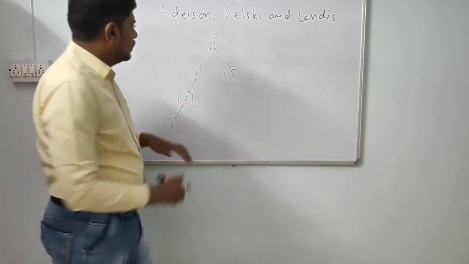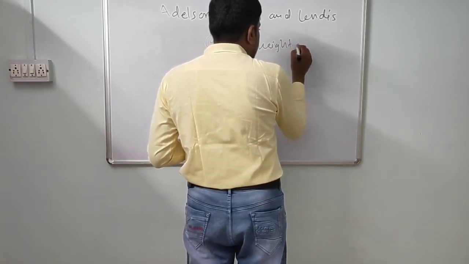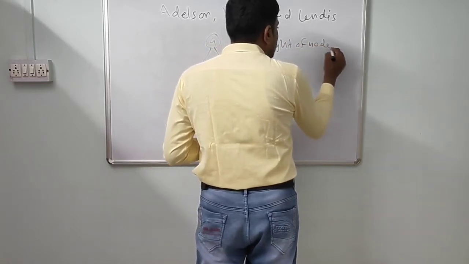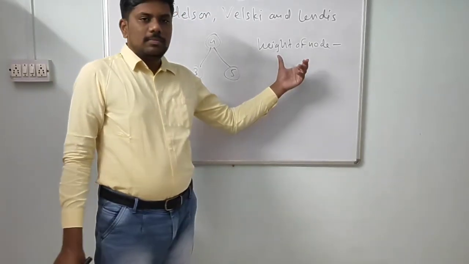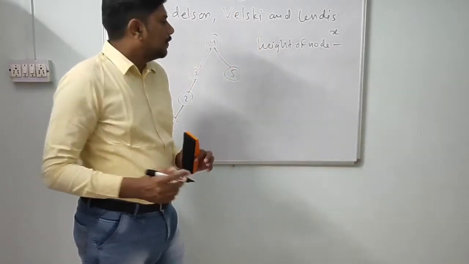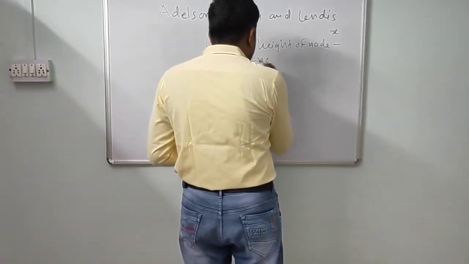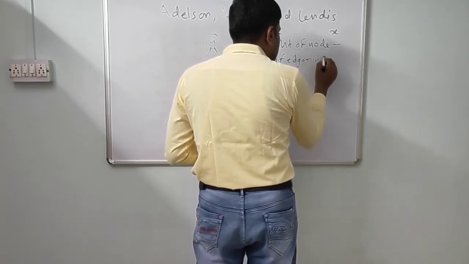First definition: what is the height of a node? We already saw this. Consider the height of node X. It is the number of edges in the longest path.